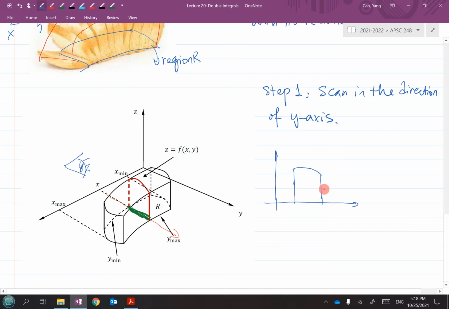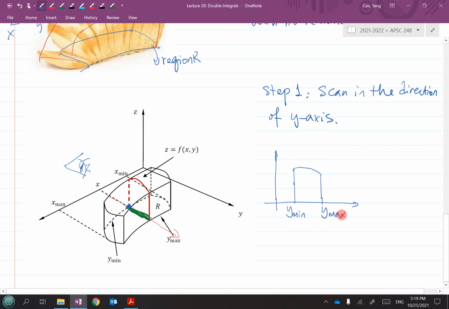So if I had to label this correctly, you can see the scanning first bumps into this part and then exits at this part here. Whatever location you're scanning, arbitrarily, you get a y min value over here and a y max value over here.